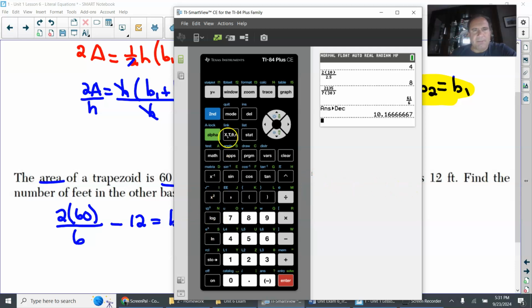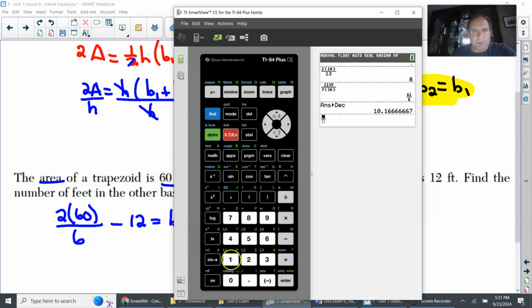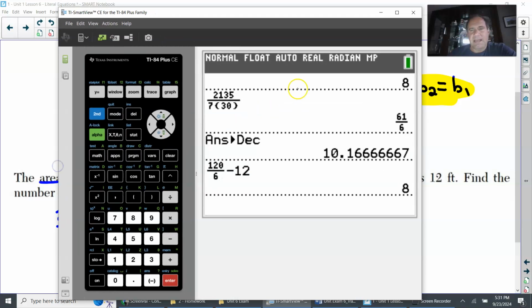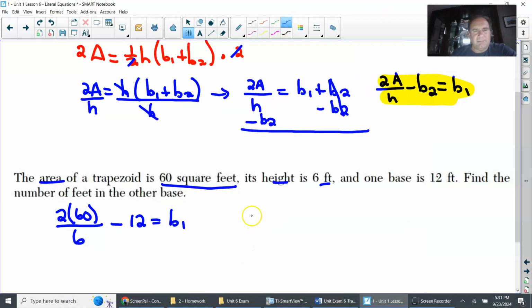And now I'm going to put alpha x. 2 times 60 is 120, so I don't need to do that in the calculator. 120 over 6 minus 12. And enter. That's 8. So if you can't see it, it looks like that. 8. B sub 1 is 8 feet.